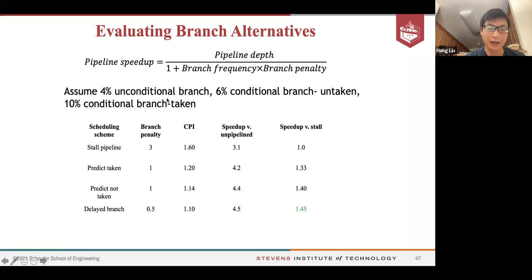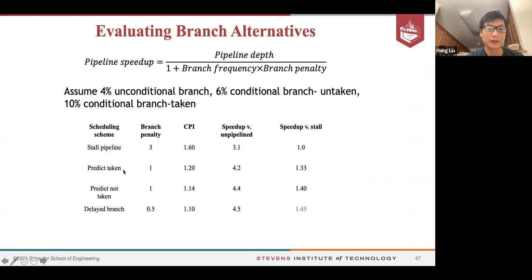Assuming 4% unconditional branches, 6% conditional branches untaken, and 10% conditional branches taken. For stall pipeline, branch penalty is 3, CPI is 1.6, speedup versus unpipelined is 3.1, speedup versus stall is 1.0.